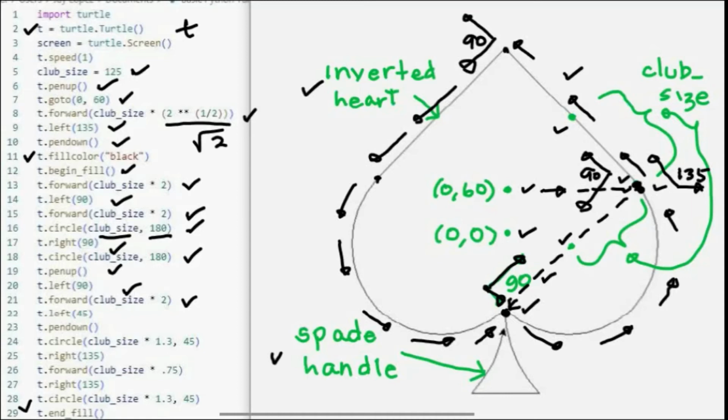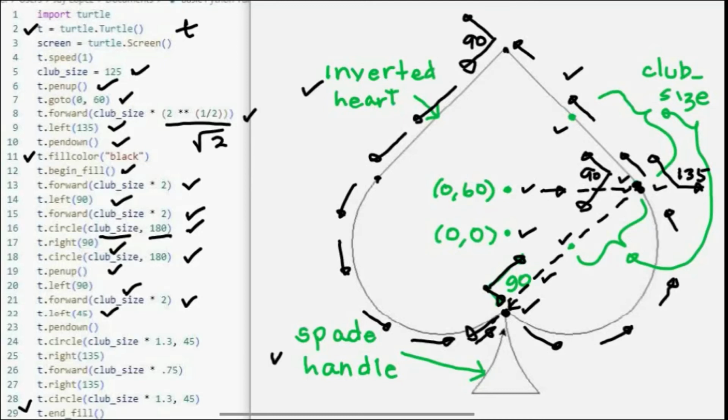And then to prepare drawing the handle, I need to turn the turtle 45 degrees. How is that? At this point, the direction of the turtle is like this. I hope you can see my drawing, but I want to turn the turtle 45 degrees to the left.